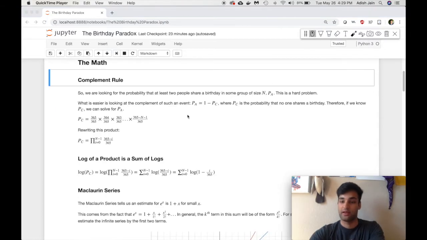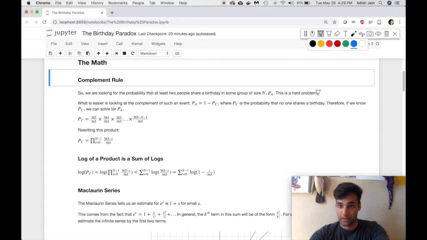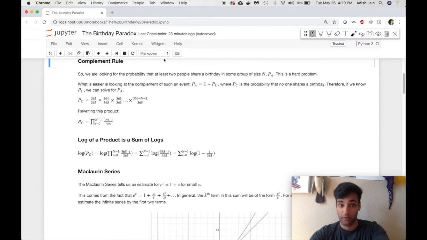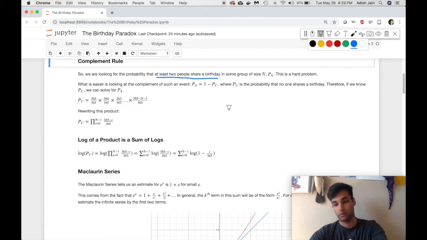Okay, right into the math here. Again, to make it clear, what we're looking for is the probability that at least two people share a birthday, right? And the way that we should start thinking about this is in terms of a probability space, okay?